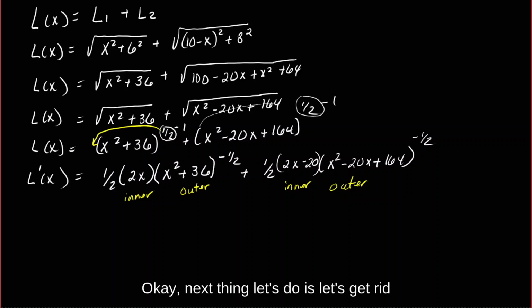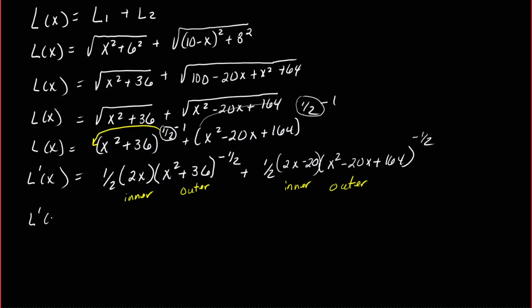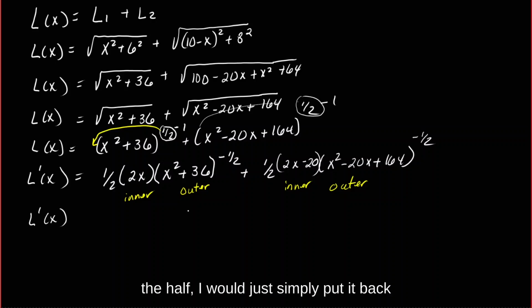Okay, next thing let's do is let's get rid of those negative 1/2 exponents. All right, so to get rid of the negative portion, I send it to the denominator. I take the inverse of it. And to get rid of the half, I would just simply put it back into radical form.